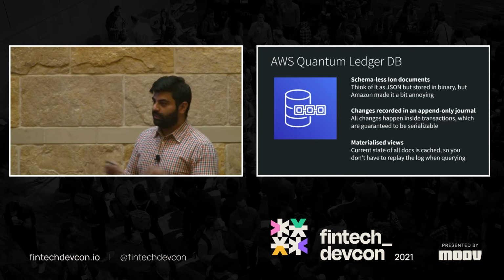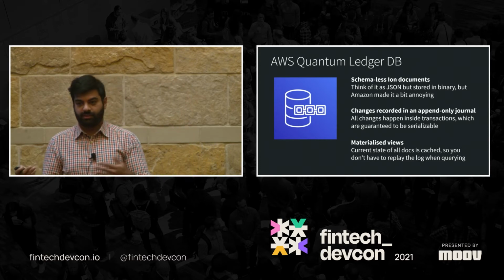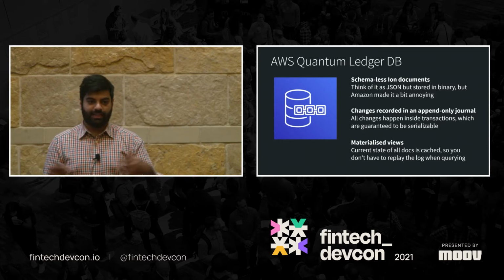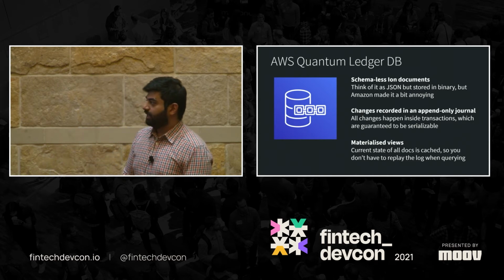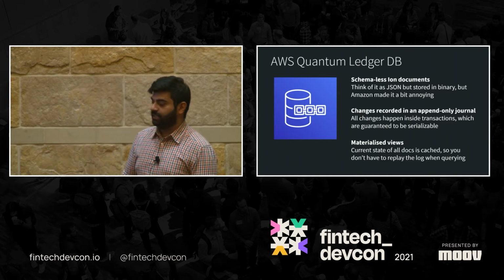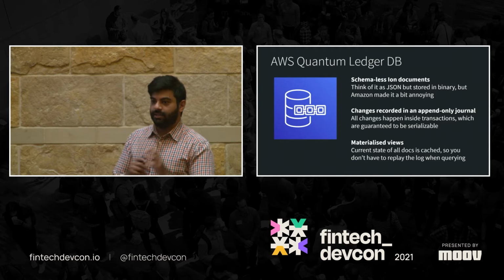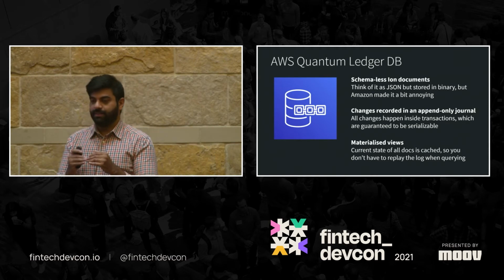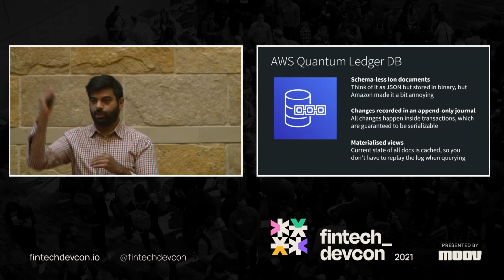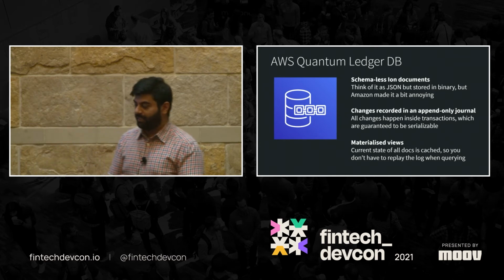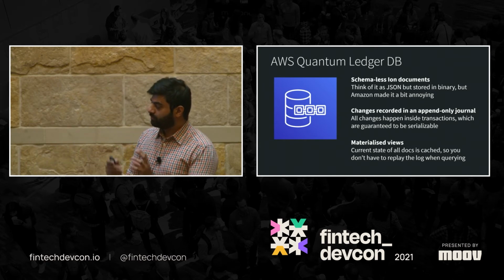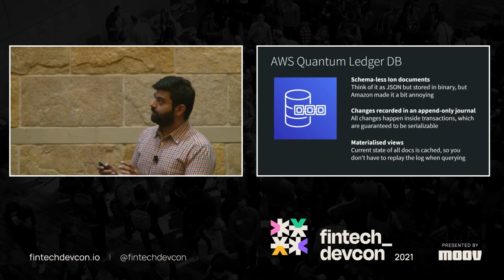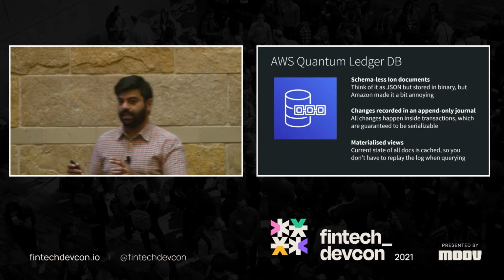To be honest, when you're using QLDB, you can just think of it as JSON until you shoot yourself in the foot and you realize, oh, it's because it's Ion, not JSON, that this thing is happening. But until that point, you can think of it as JSON, and you're basically adding JSON documents into a table, and then QLDB adds in a bunch of features on top of that to make it more than just a document store.